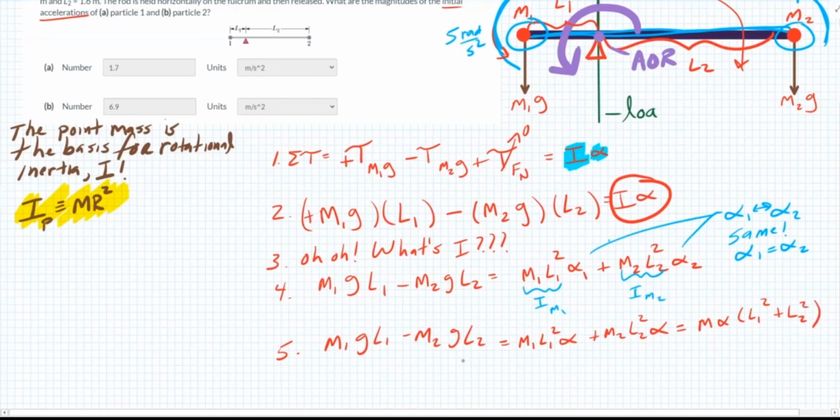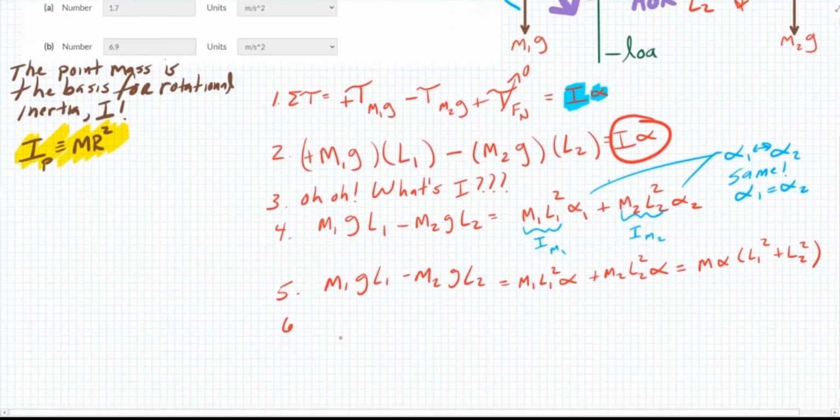Here's one more rewrite, just because these masses are equal. I have mg times L1 minus L2 equals m alpha times L1 squared plus L2 squared. And I'm assuming I'm not making any mistakes. Let me know if you see anything. But if I'm not making any mistakes, you can see the m's cancel.